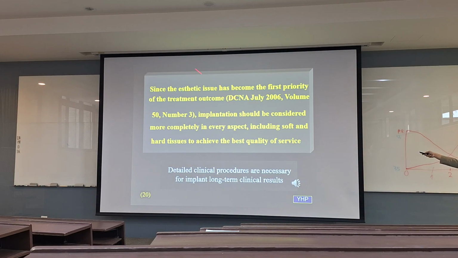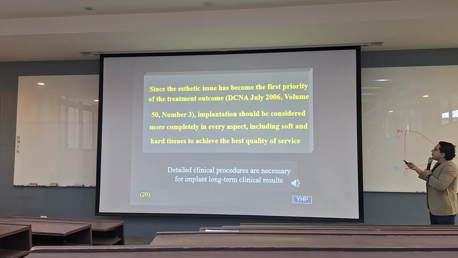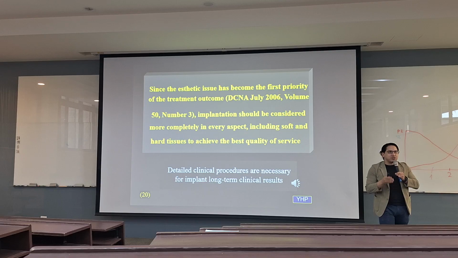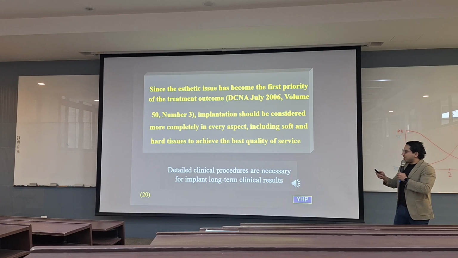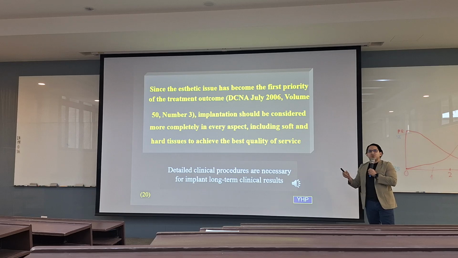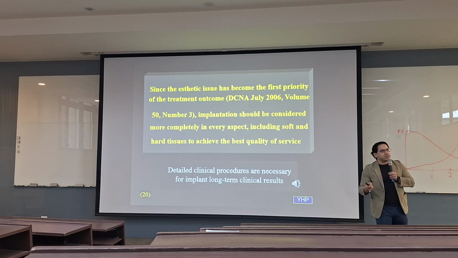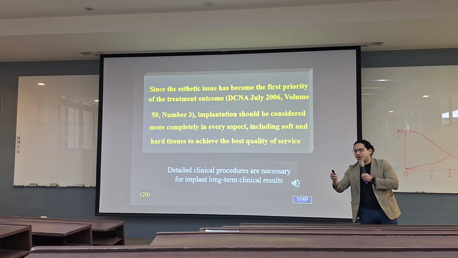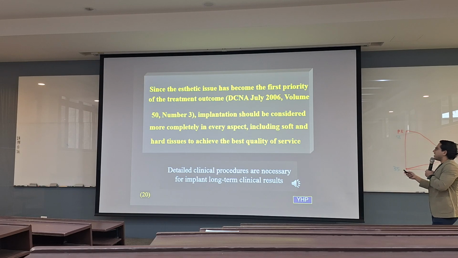Now, since the aesthetic issues, as I was saying, around 2006, we started considering that when we put a dental implant, it was not just about the bone, it was also about the crown. So nowadays, what we do most of the times, we do what you're doing. We do the wax-up, we do the digital planning, so we know what most probably is going to be the final restoration.